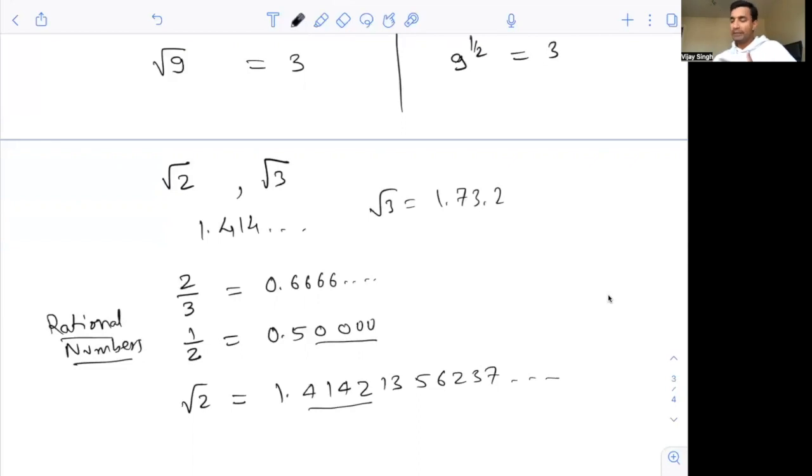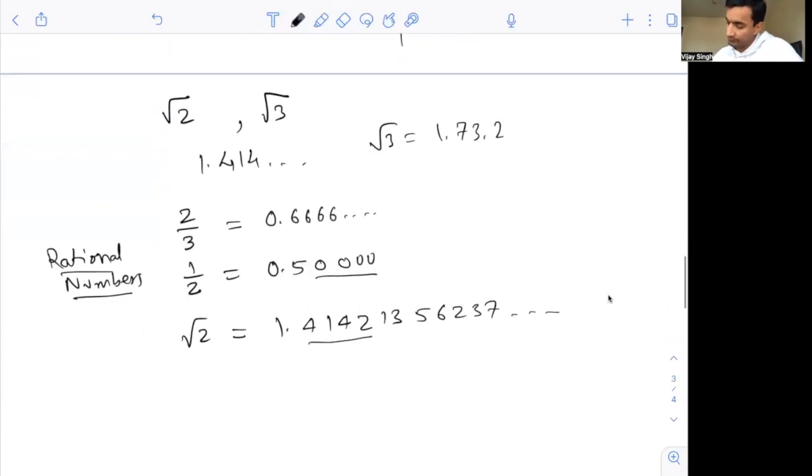You can keep looking at all the decimal expansion. You will never see a pattern that repeats itself, and you will never get trailing zeros. Such numbers which never have an ending are called irrational numbers.